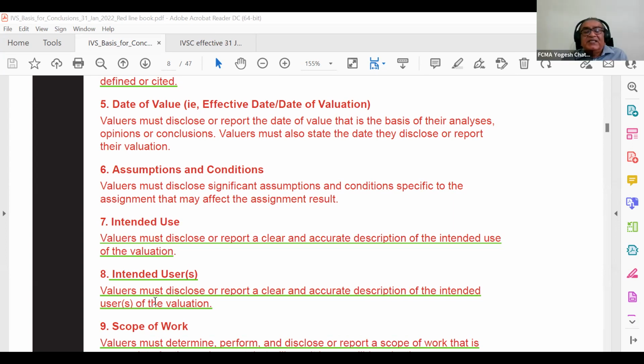Intended users, this is a new requirement, and as we are aware, in many cases these controversies have arisen. So in the case of Kingfisher Airlines, as we are aware, going by the news reports, the financial institutions or bankers had given a major amount on loan to Kingfisher Airlines based on a valuation of an intangible asset like brand equity.